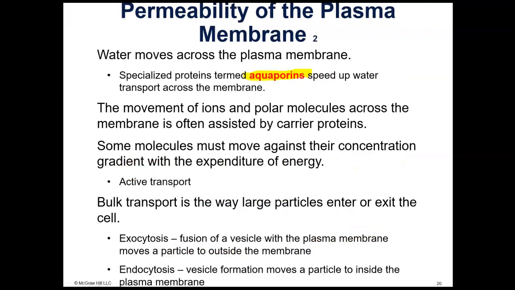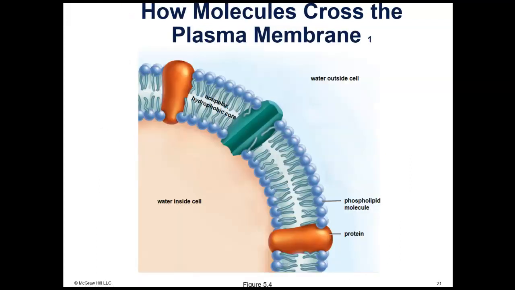Now, water is going to move through the plasma membrane through these specialized membrane proteins called aquaporins. And here's just a blown up image of the phospholipid bilayer with some of the proteins. This protein that's shown in green has a channel through it, so this is a channel protein.